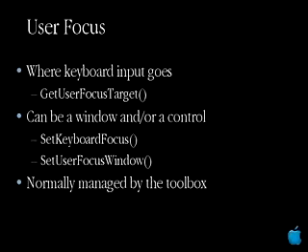You're typing in your document, and then the user clicks in a floating palette, and now you want the keyboard focus to go there. You can use SetUserFocusWindow to say, that's the window that has focus now. Please send all text input there, and we'll obey that. That would be the way that you would override it. Normally, the toolbox deals with all of this stuff, and you don't need to.